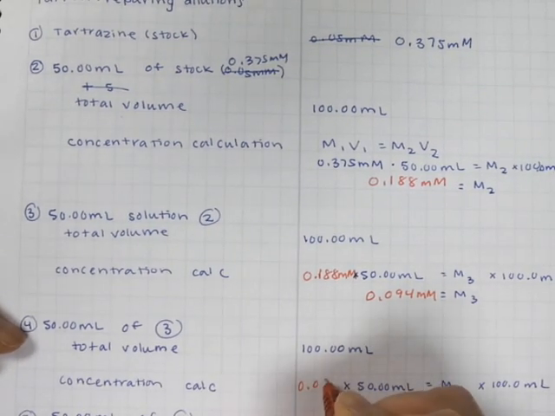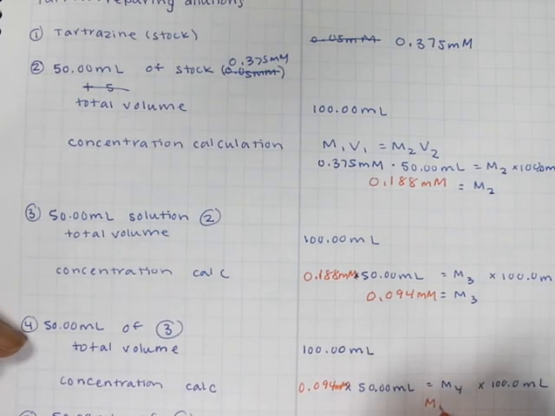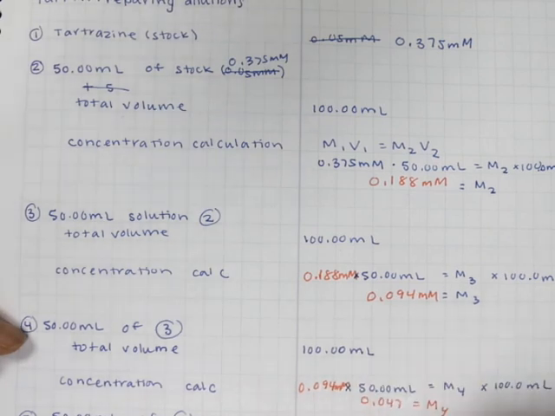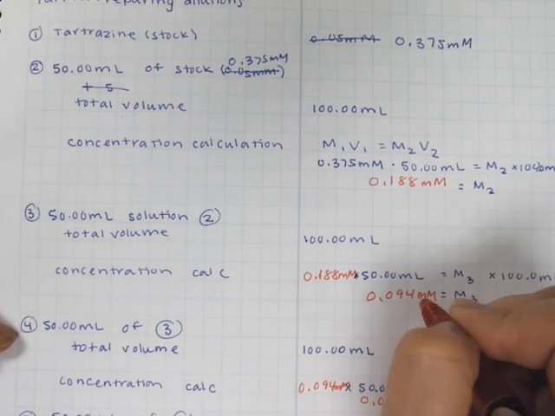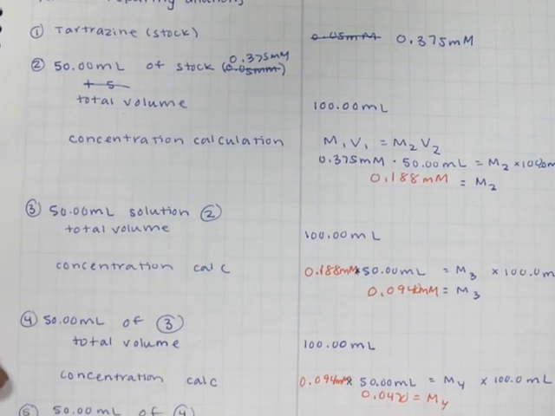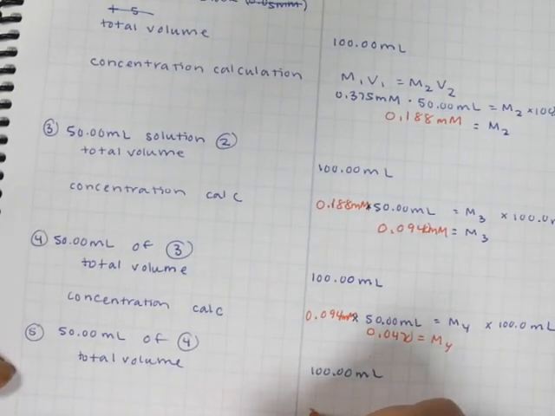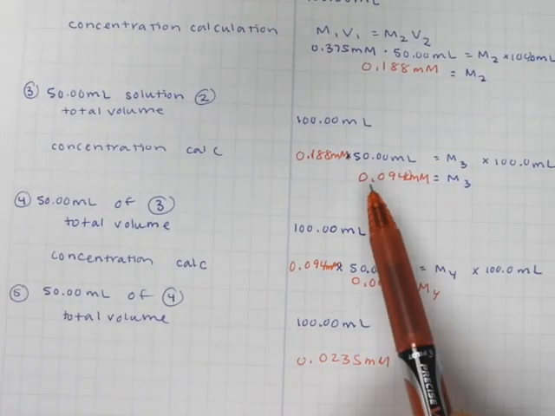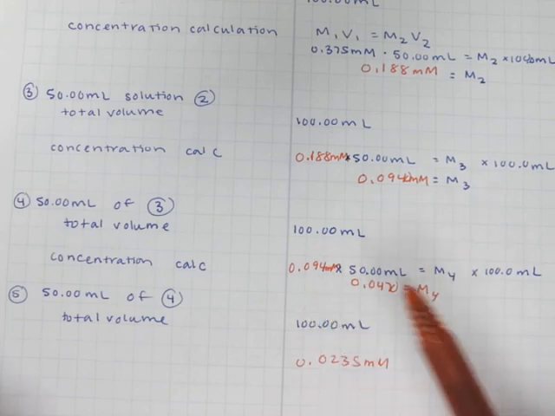So this is 0.094, and M4 equals 4.7, etc. And then M5 is 0.0235 millimolar. Okay, so the calculations are the same. You just keep moving the one solution to the next one.